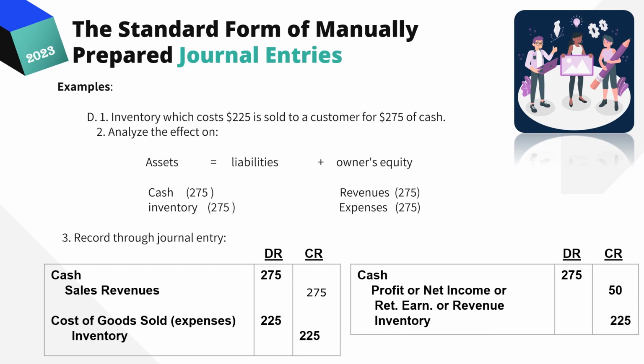We analyzed this transaction by noting that in fact we were receiving cash, an asset, from our customer of $275. Again, the right-hand side of this equation really explains how we received that cash. In this particular case, we didn't borrow this from the customer. We got it from the customer because we sold goods or services.